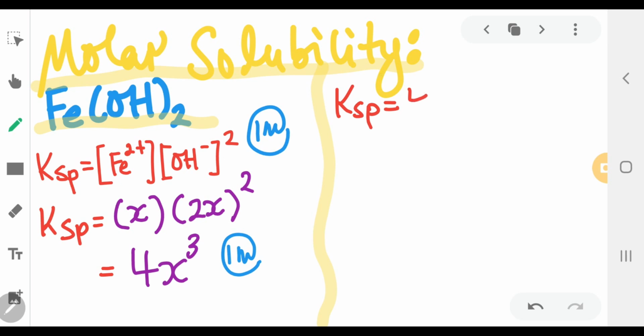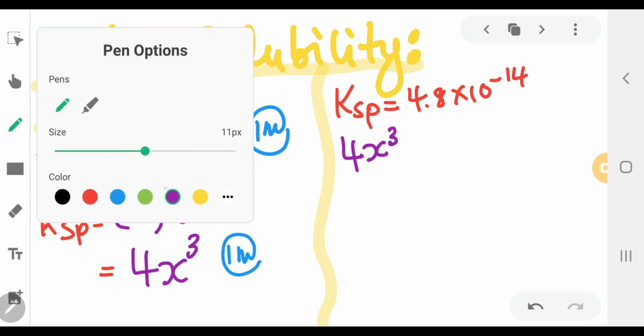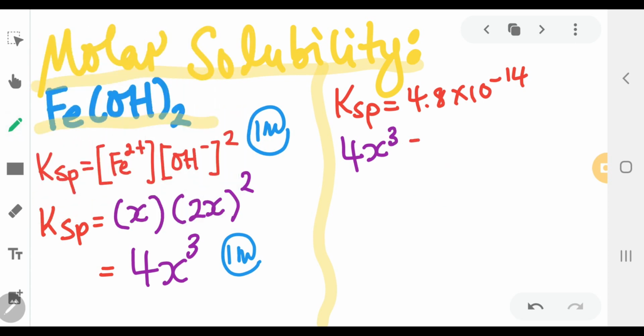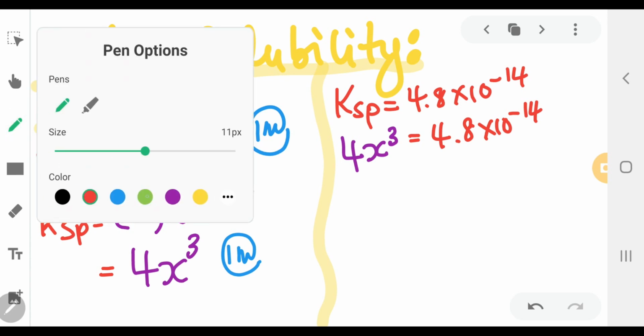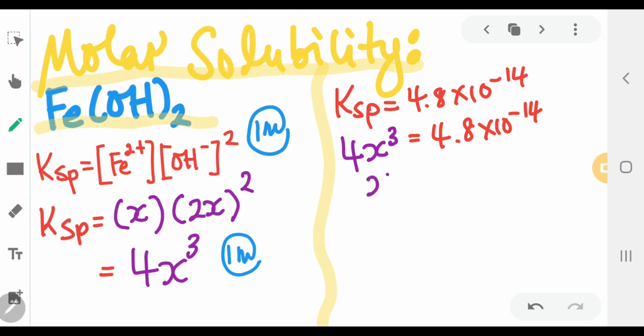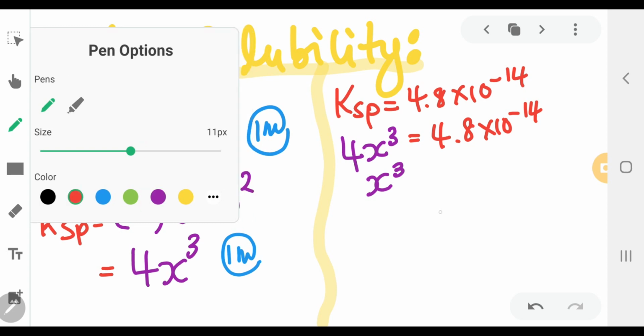So you're going to compare that with the 4x cubed, and you should be able to calculate that by using your calculator.